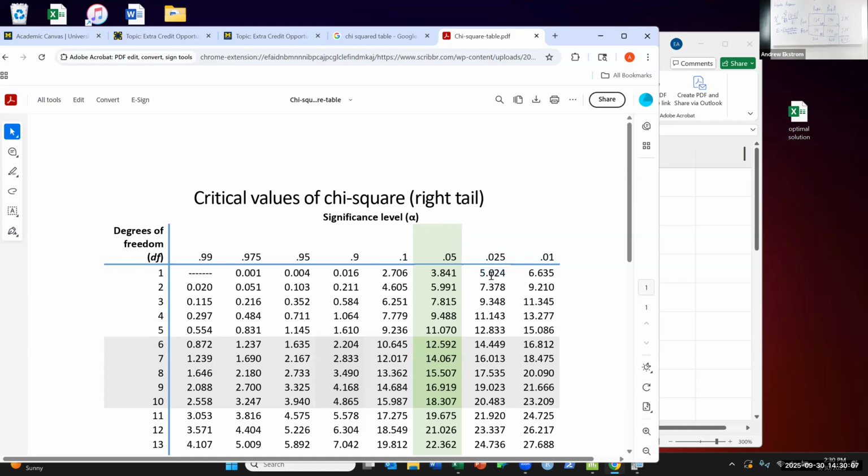So if we had the 97.5% confidence level, we are beyond that. If we're looking at the 99% confidence level, we are beyond that.